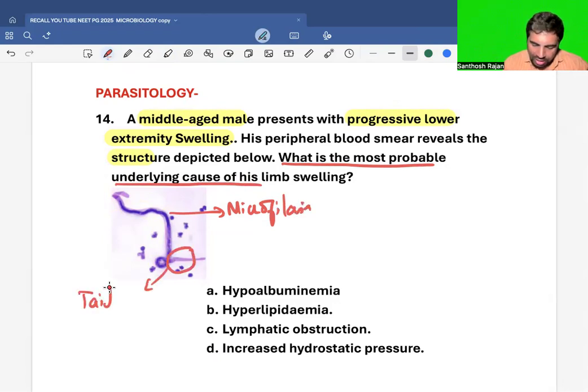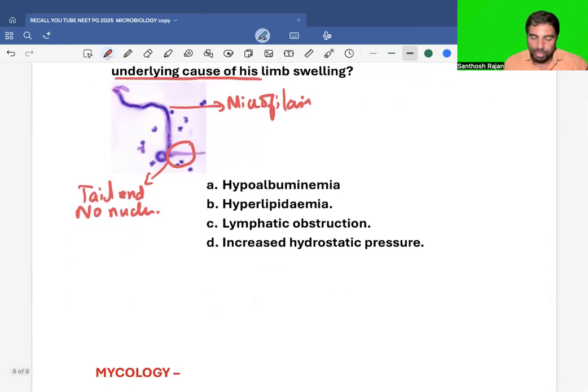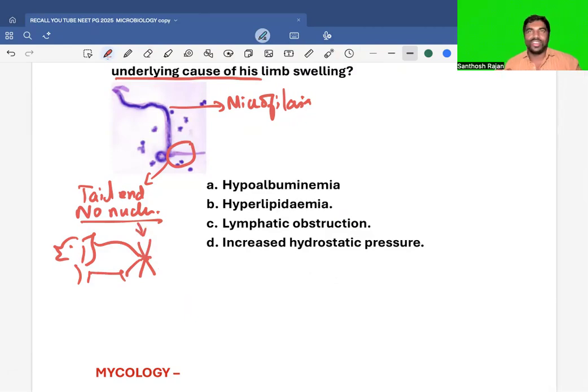Remember, elephant is empty. I always draw for the students a big elephant with a small tail, and there are no nuclei in the tail end of the elephant. Elephantiasis. The main reason for the leg swelling is lymph obstruction. That is the mechanism, lymphatic obstruction.